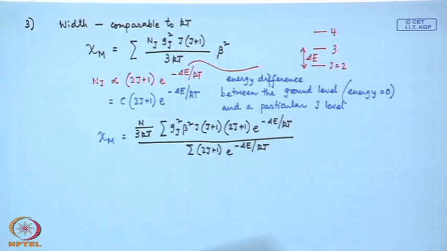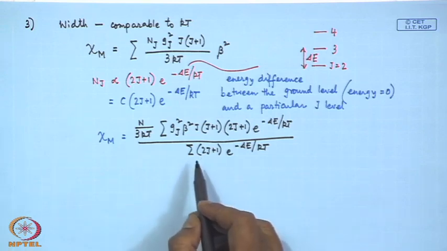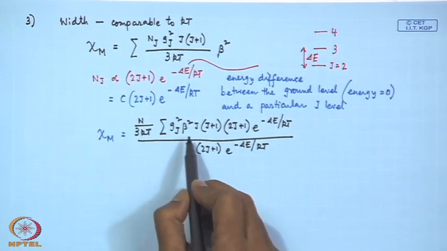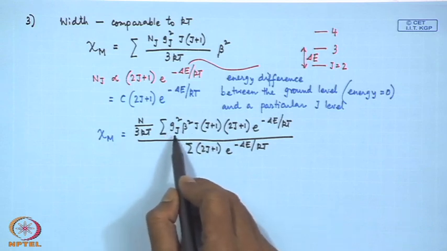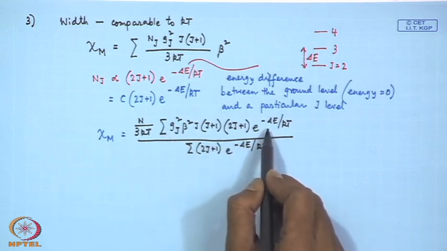So, what we get now is that the molar susceptibility can have all these terms, that means it can have the values of J, the Gj values and the corresponding energy term.